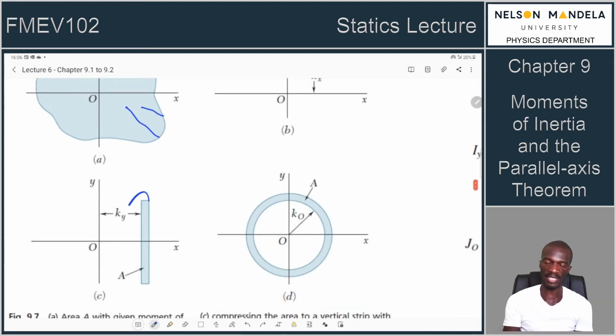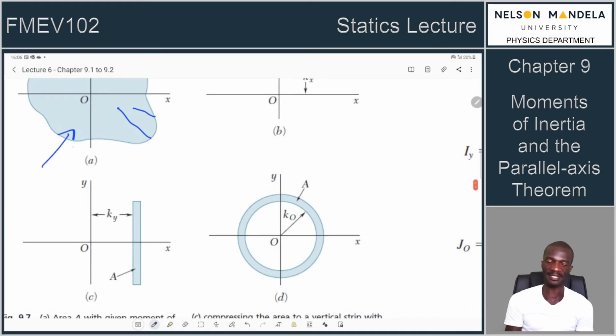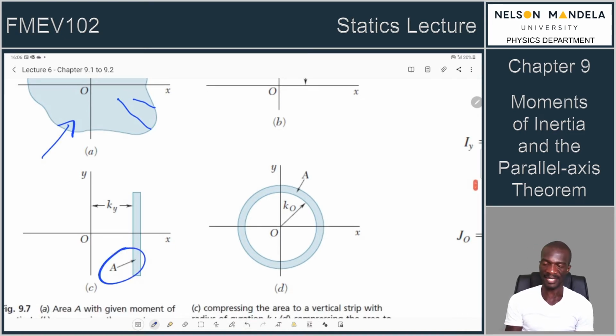This time you center it on the x-axis, and it's parallel to the y-axis. If you squash it and place it there, the moment of inertia that you got can only be located if you place it at the radius of gyration, ky, right? So this is still our area A.